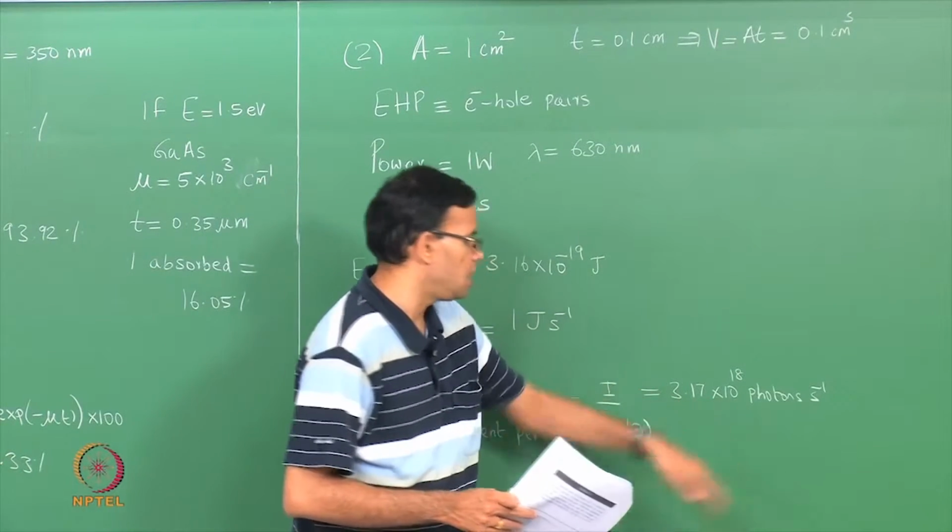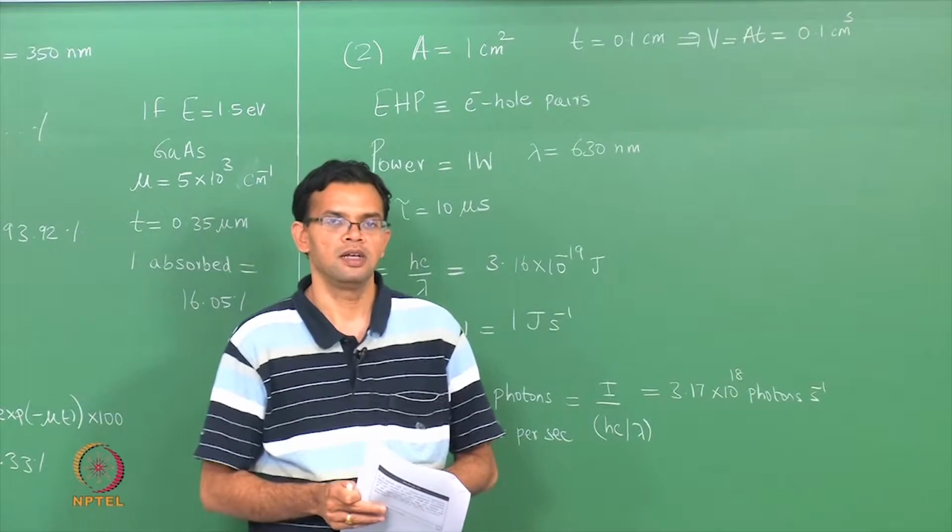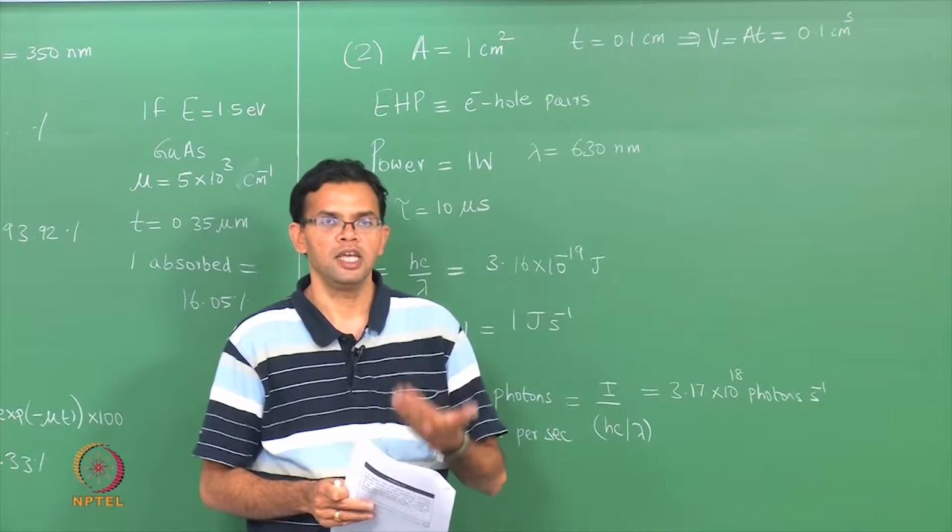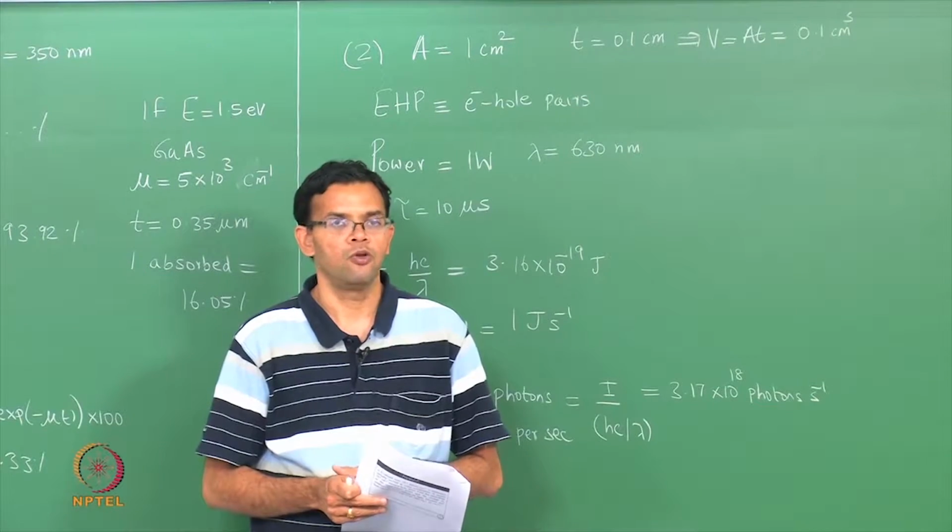So, if this is the number of photons that are incident, these will give rise to an equal number of electron hole pairs.